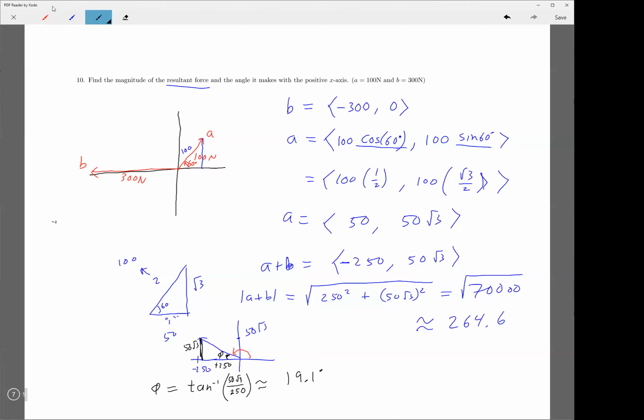So the red angle, which is the one we're after, is 180 minus 19.1, or 160.9. Okay, that's what I'm going to go with and see if that works. 160.9.